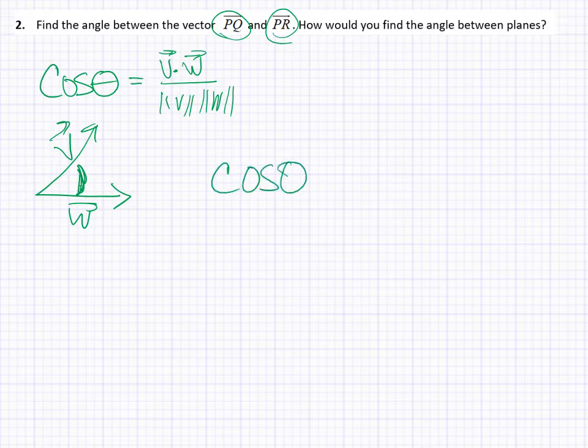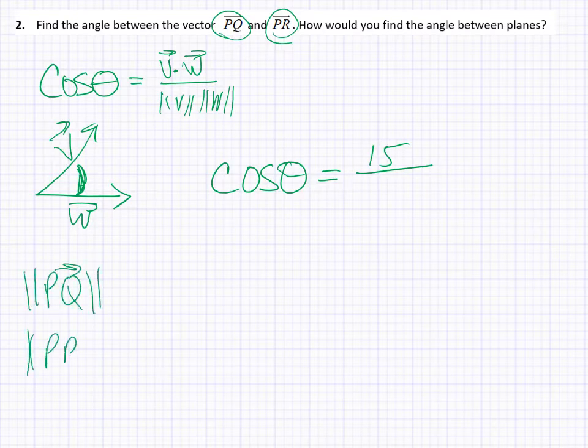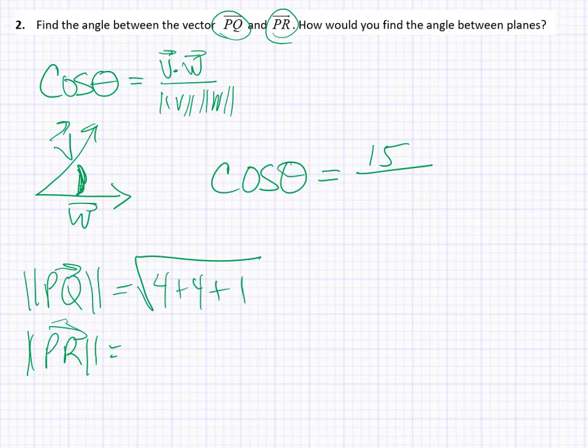We already did the dot product, so we know the dot product is going to be 15. We have to calculate the magnitude of PQ and magnitude of PR. So magnitude of PQ is the square root of 4 plus 4 plus 1, so you square each component, add them together, take the square root, and this one, PR, will be the square root of 1 plus 49, again because we're squaring each component of PR.